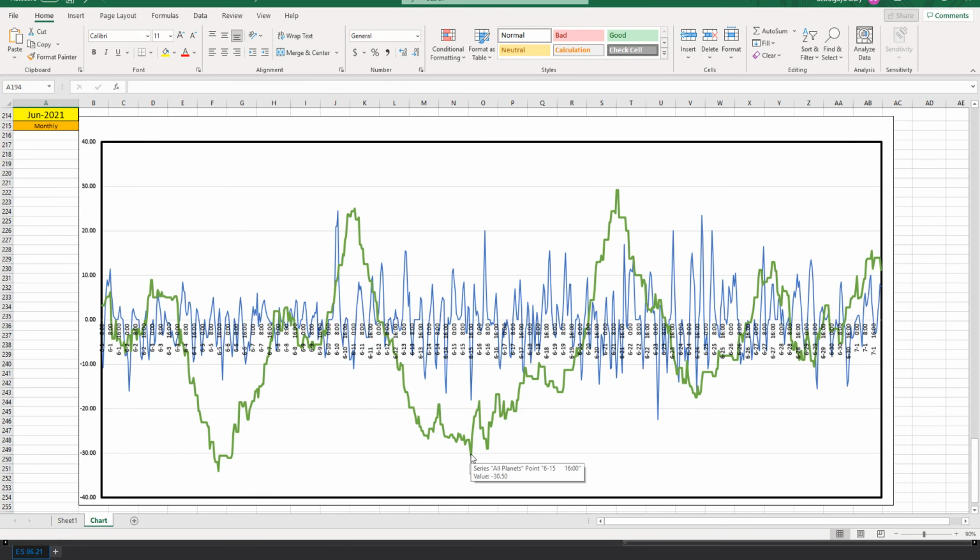We swing down to 6/15 at 1600, swing back up 6/21 at 1200, swing down to 6/24 at 1500, up to 6/27 at 1700, and that one barely gets outside the 10 line. And then the last couple swings are inside the 10 line here, so they're not necessarily going to be as strong. But when we bottom out on the 29th, we are pretty much moving up then into July 1st here.